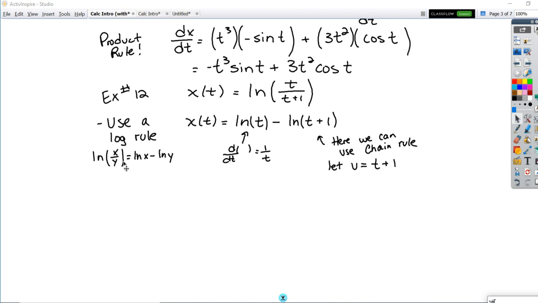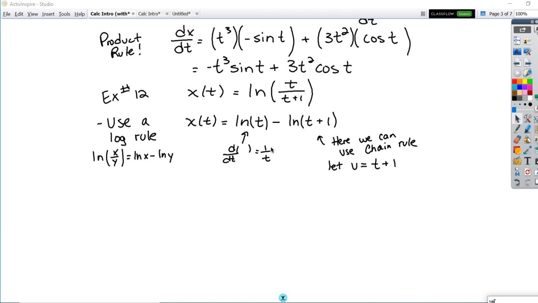The rule for logs that we can use is this quotient rule, where we could separate the terms of the quotient into two terms of a difference. So the natural log of x over y is the same as natural log of x minus natural log of y. So the natural log of t over t plus 1 is the same as the natural log of t minus the natural log of t plus 1.